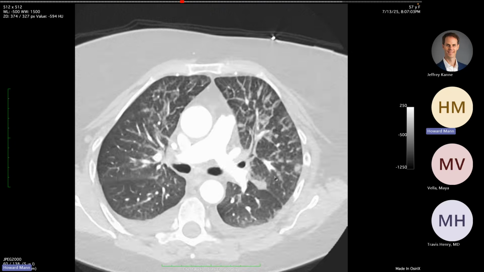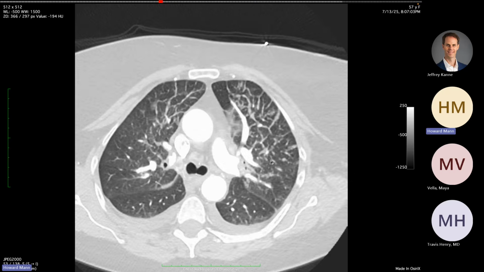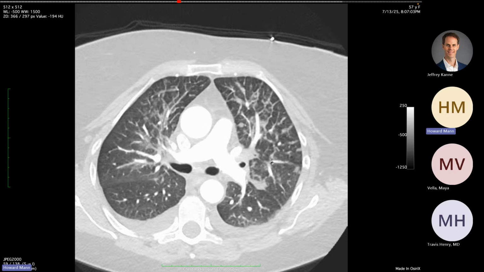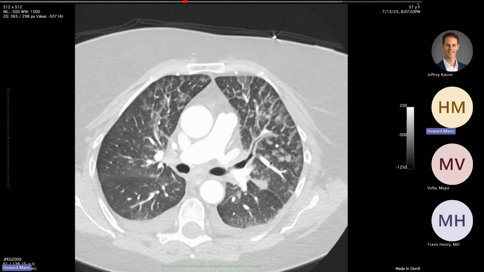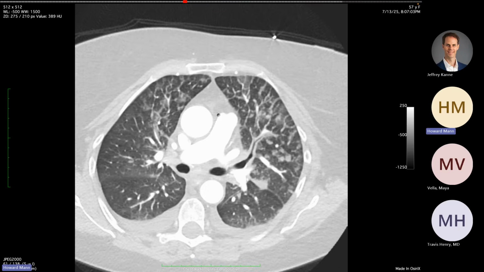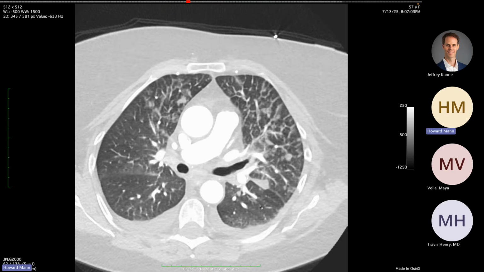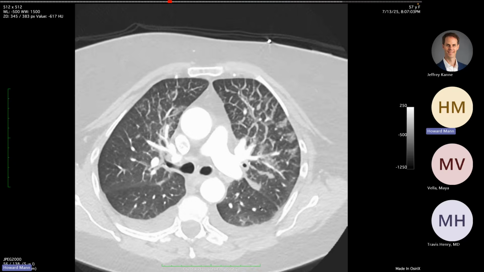But this is a great example when we see these opacities, oval-shaped, and then these rounded, of what we call septal lakes. So this is florid interstitial lung edema, and these opacities are not a separate nodular pulmonary disease.